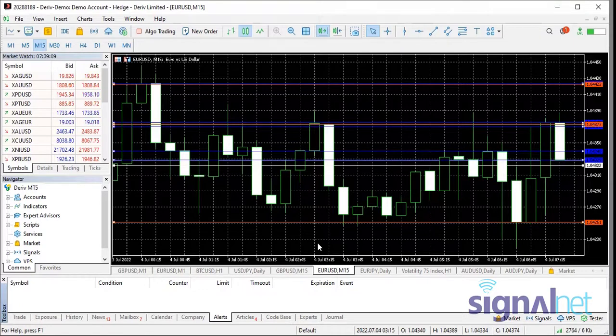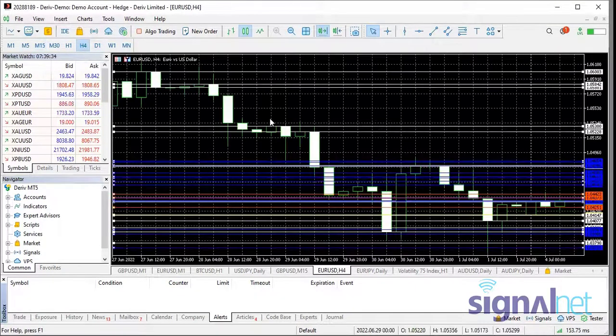Because if price comes to a level that is a support and it's a 4-hour resistance level, the chances are you're going to see the market react on the 5 minutes level too. Let me try and give us a typical example.